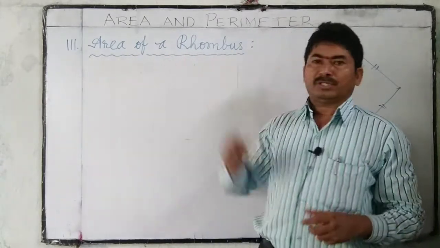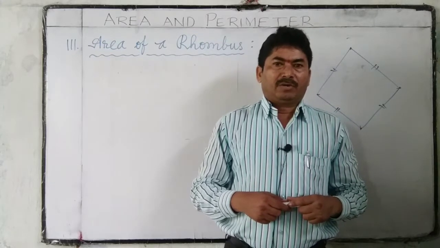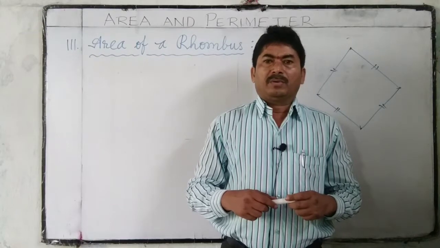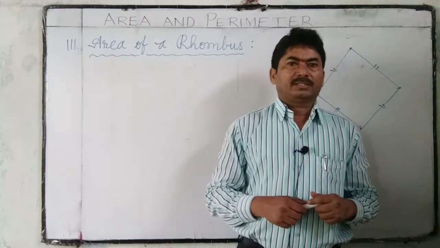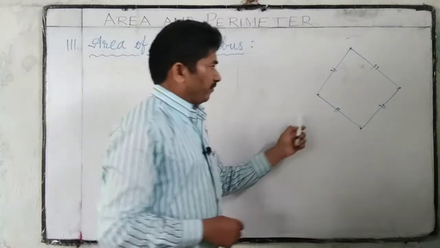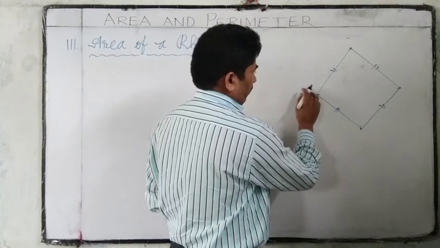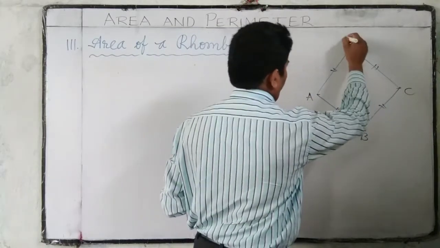Area of a rhombus. The area of a rhombus is equal to half the product of its diagonals. To understand this, let us observe a figure. This is a rhombus ABCD.